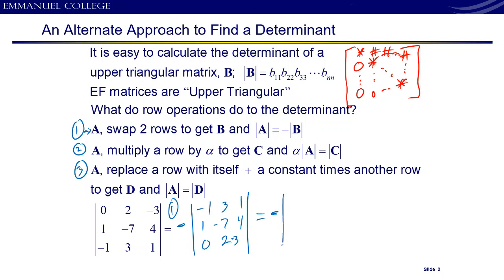That's going to give me -1, 3, 1. And then this would be 0. This would be, if my brain works, -4, and this would be 5. And then we have 0, 2, -3. Those still don't change.